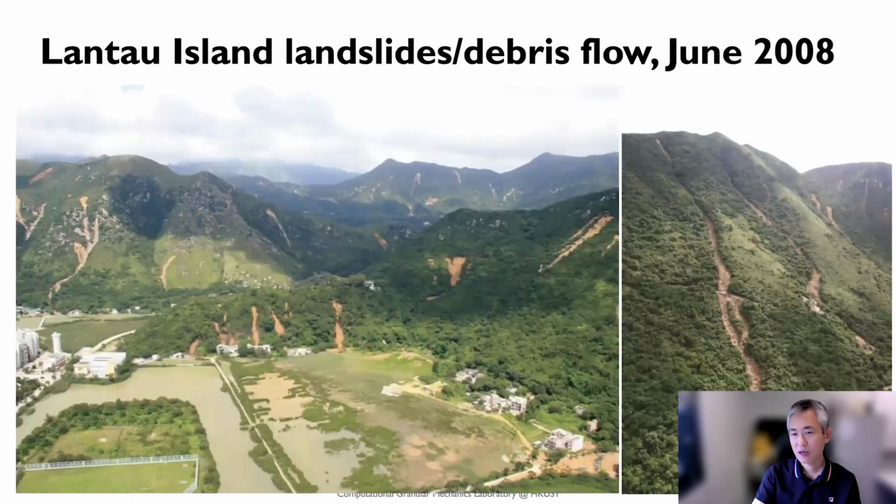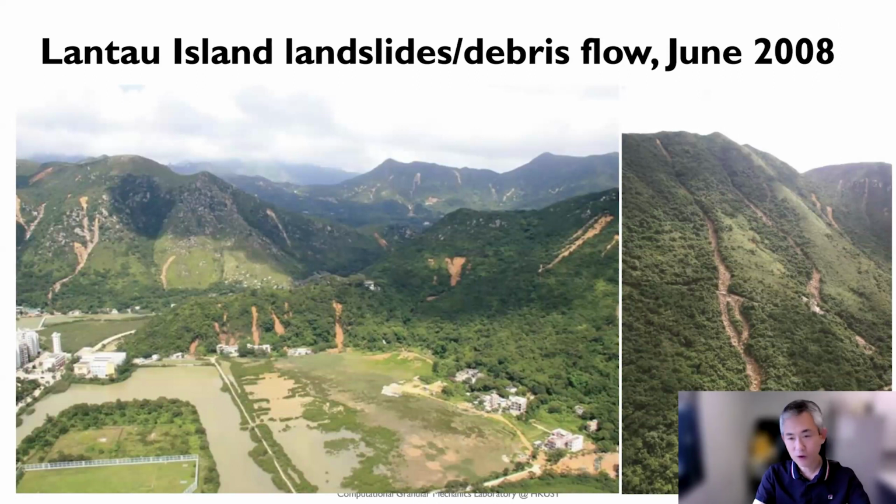Okay, and this figure shows one of the major debris flow events caused by black rainfall happening in Hong Kong back in 2008, and indeed two weeks ago there was also a historical record of black rainfall in Hong Kong that caused another debris flow event.